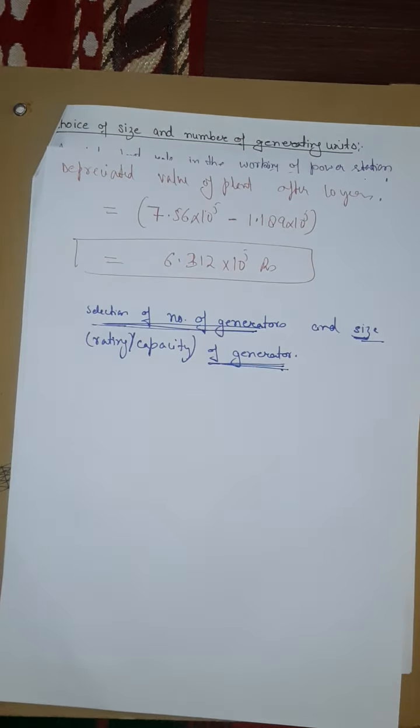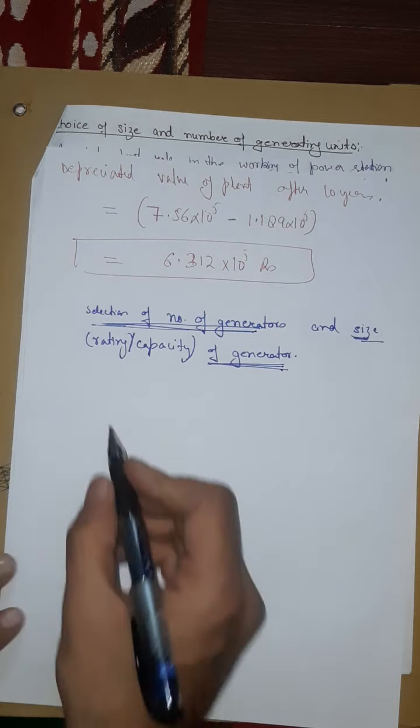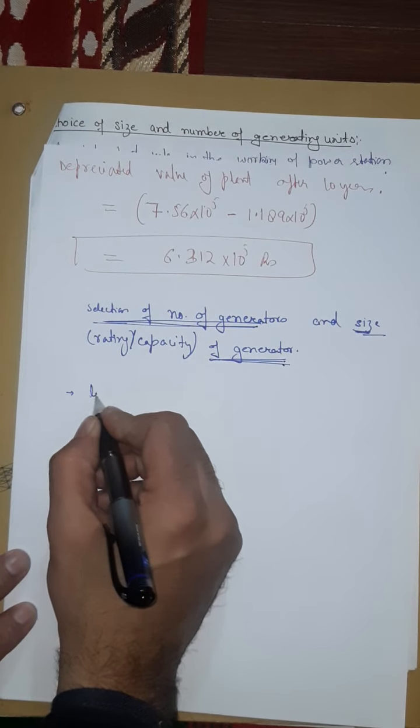Basically it depends upon your demand. First you should know what your load demand is. Depending upon your load demand, you will determine the capacity of your power station, and depending upon the capacity of the power station, you will determine what should be the size of the generators, and how many generators you should install.